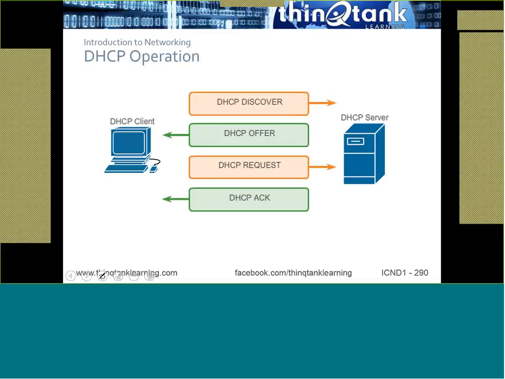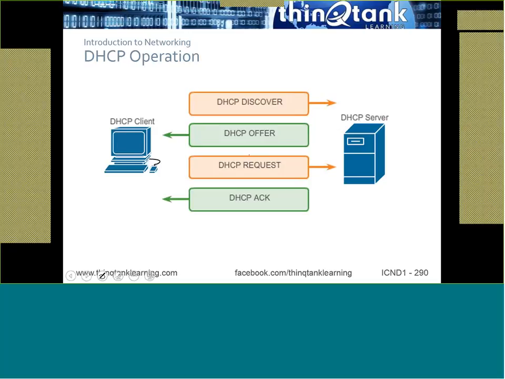The client gets that offer, it sends in a request. The request is a message going to the server saying, I like what you have to offer, specifically, and I want to officially register with that address. Now, inside that DHCP request, in the payload, we identify the actual server that we're trying to register with.